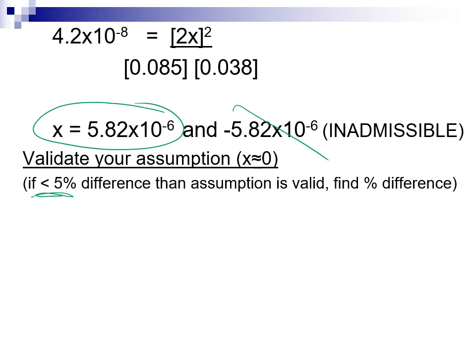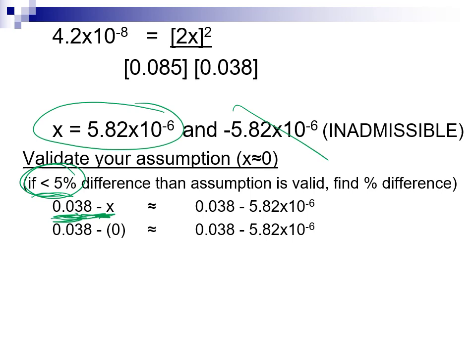So let's say we're setting this 5% threshold, and again, you can determine how precise you want to be and then do the math accordingly. But let's say we set it at 5%. What we assumed was that the concentration minus the x value is essentially the same thing as the concentration minus 0.